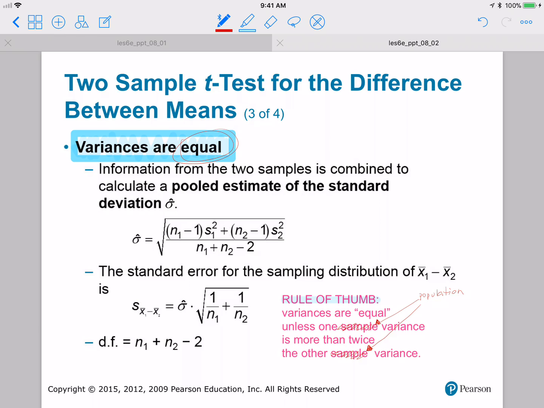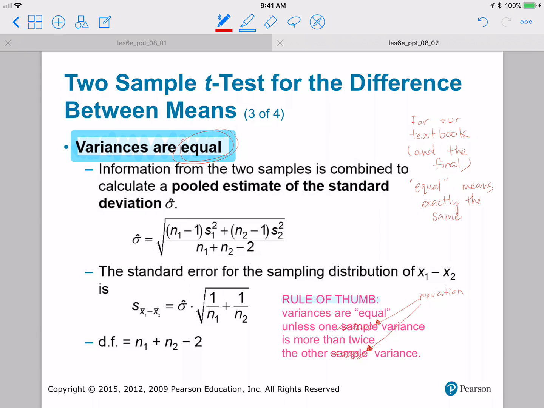For our textbook and for the final exam, equal means exactly the same. We're not approximating and saying they're almost the same. If they're equal, your variances are the same number, and if they're not equal, your variances are different.